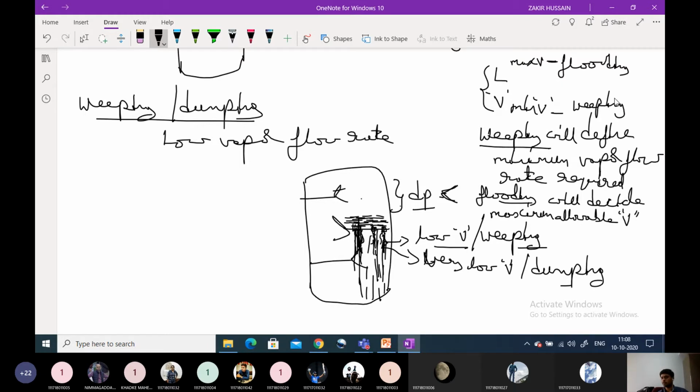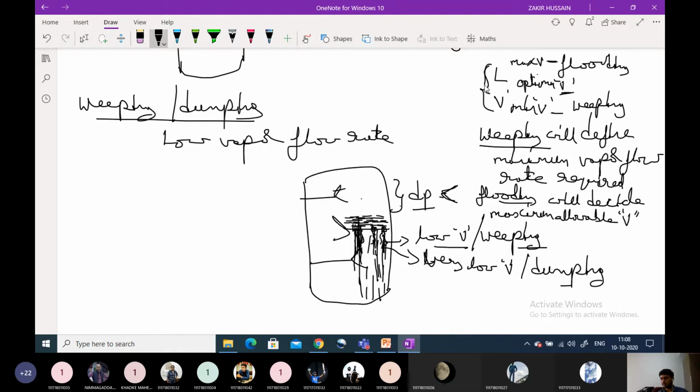In between these two phenomena, we have to choose our optimum vapor flow rate. When we define V, L with respect to it will be automatically set.